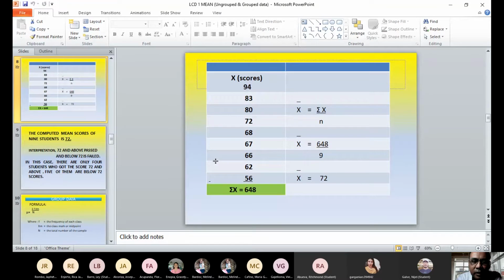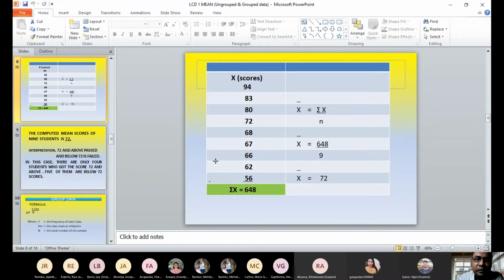Your baseline is 72, that is the mean. So the interpretation is: mean and above, pass. Below the mean, failed.